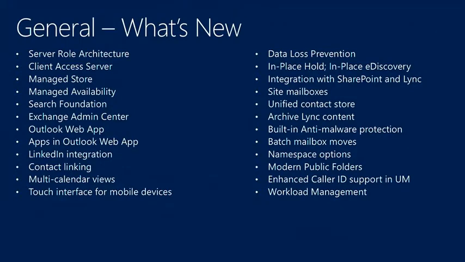So banking information, financial information, passports, driver's license, credit card numbers, personally identifiable information in geographic regions, like, for instance, social security numbers in the US and so forth. All of those kinds of things can be caught and prevented from leaking through your email system using data loss prevention.